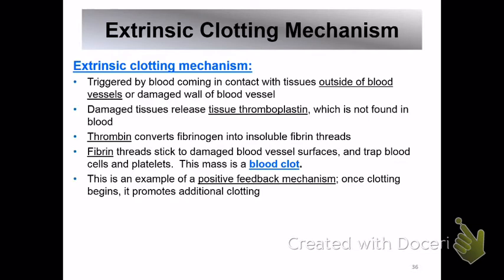So just make sure you got a couple things on this slide. You've got that extrinsic is outside the blood. Okay, you've got the tissue thromboplastin, and really the thromboplastin is released when it comes in contact with something other than what's in the blood. So when it comes in contact with, maybe write this down, something like calcium.